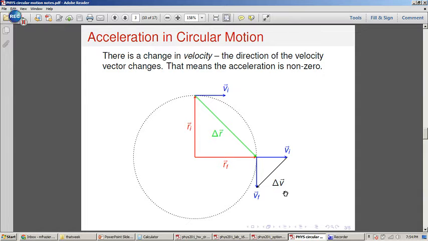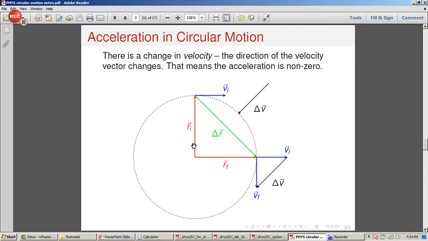And this delta v, if we put it halfway between v initial and v final, where the little hand symbol is, you note that it points towards the center of the circle. And it will always point towards the center of the circle, no matter how we draw this angle.